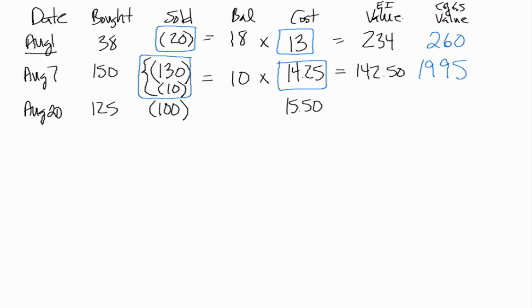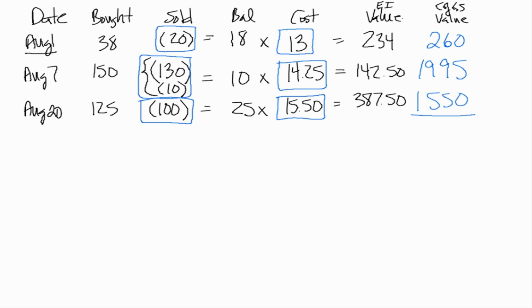All right, let's go to the last one. 125 units minus the 100 units tells me that there is 25 units left in ending inventory. Those 25 units are at $15.50, which is equal to $387.50. But I also sold 100 units, which cost $15.50, so that is equal to $1,550.